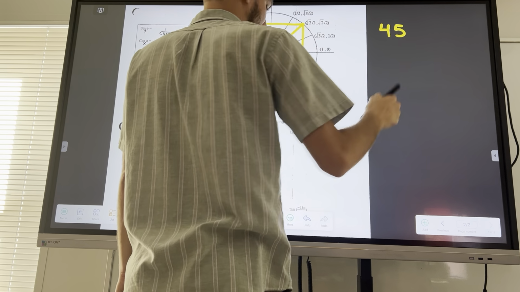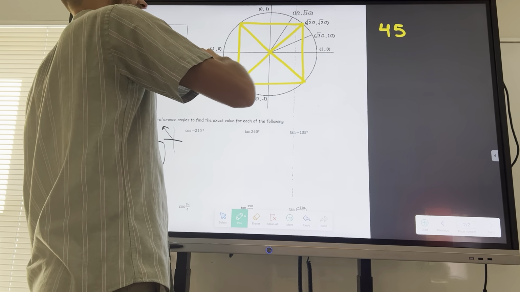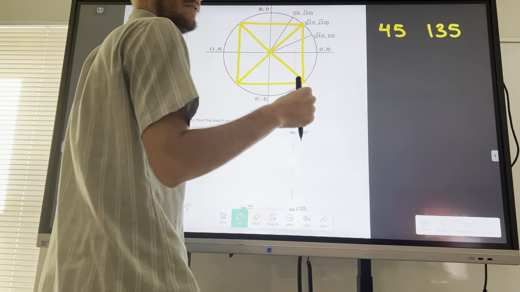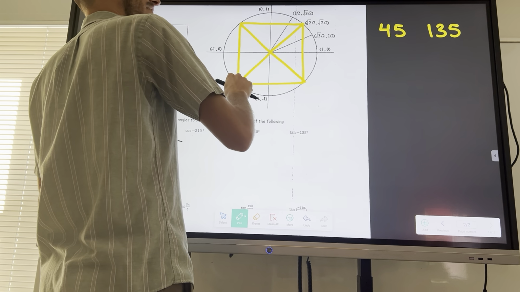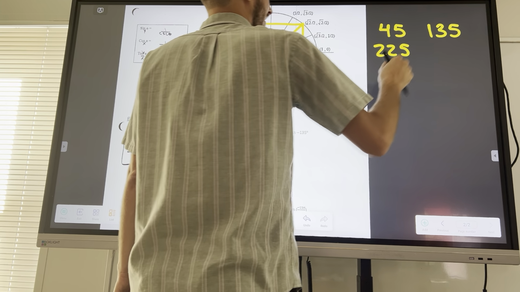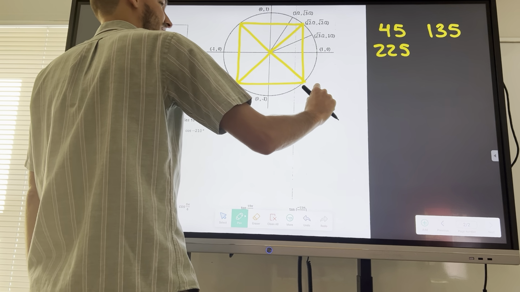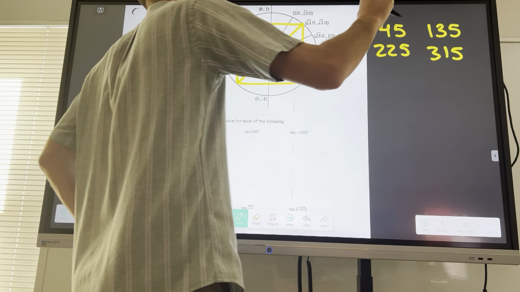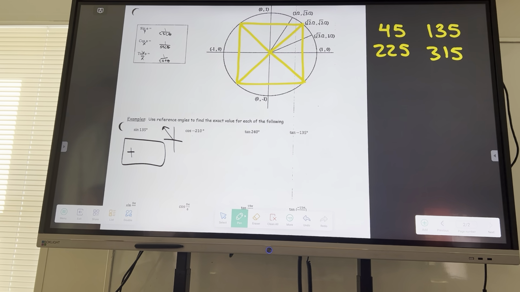What is the match in the second quadrant? 135. The third quadrant? 225. The fourth quadrant? 315.